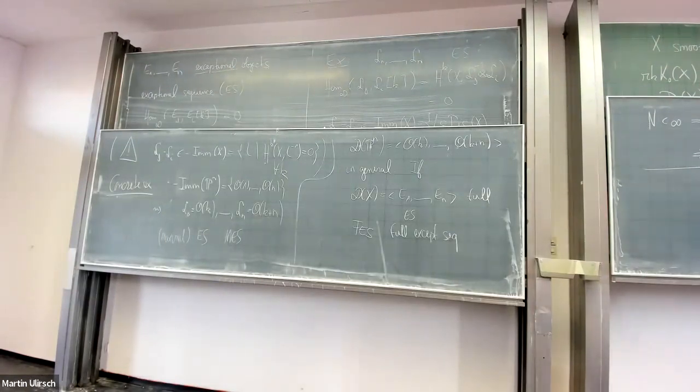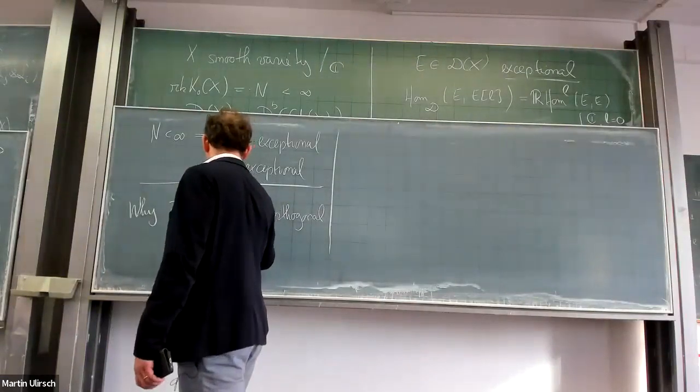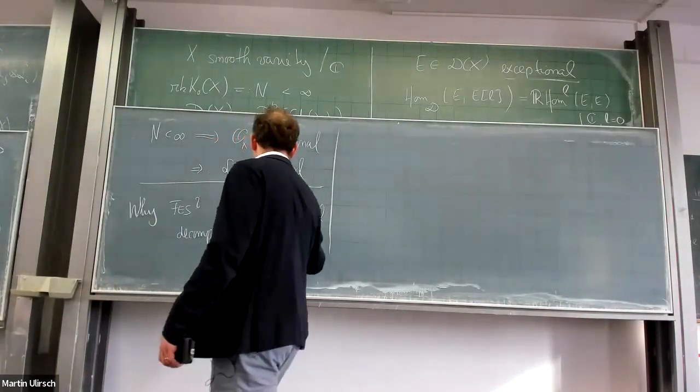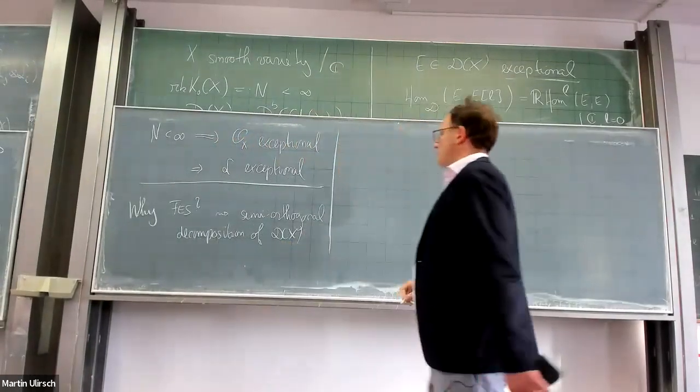Maybe, as I said, I'm not really an expert at all, but some ideas why fully exceptional sequences are important. Well, basically, they give rise to what is called a semi-orthogonal decomposition.